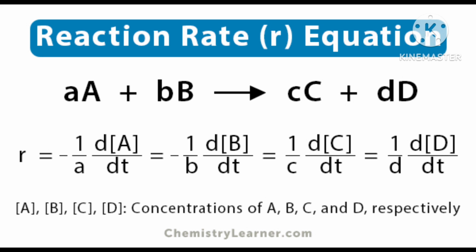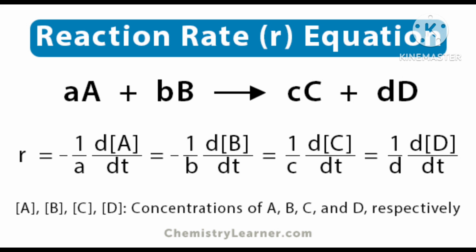Suppose it forms two products, C and D. As soon as A and B react, at that moment they simultaneously form the C and D products. Whatever concentration of A and B decreased, in the same ratio they will form the two products. Okay.